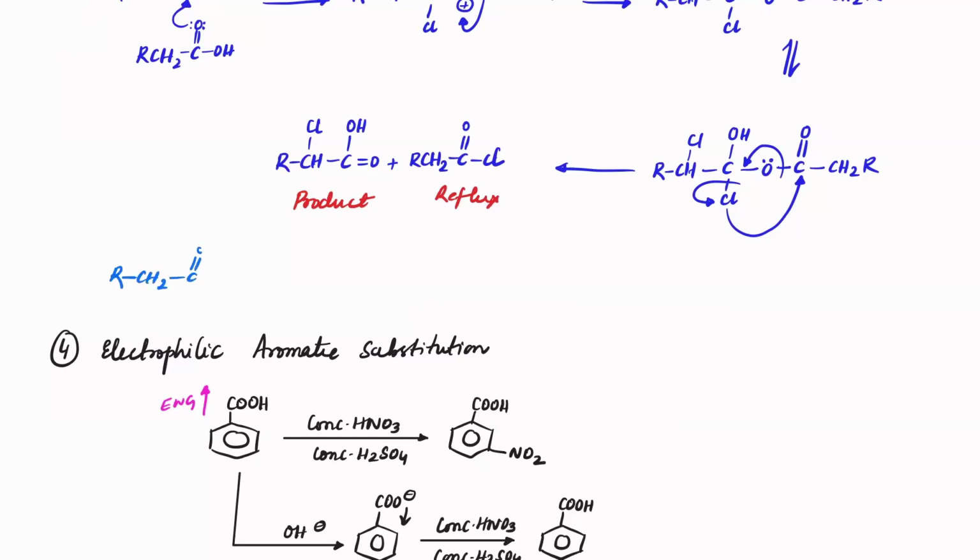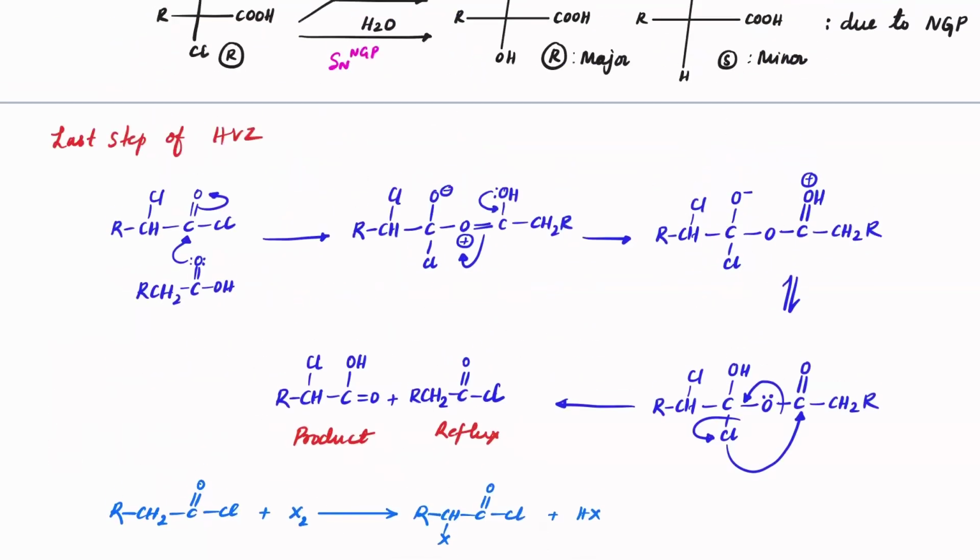So RCH2C double bond O Cl, when you react with X2, will convert into R CH X C double bond O Cl plus HX. Correct? This is how the reaction will keep happening. And that's the reason why I told you that only a small catalytic amount is required for making this reaction. Okay.